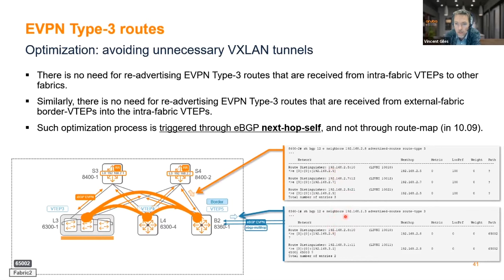It will filter it. This is what you have here as an extract. So the route reflector sends those internal type 3 routes, but the border will not send those. It will just send the ones that are local to it, or eventually the routes that it learned through external BGP from other sites.